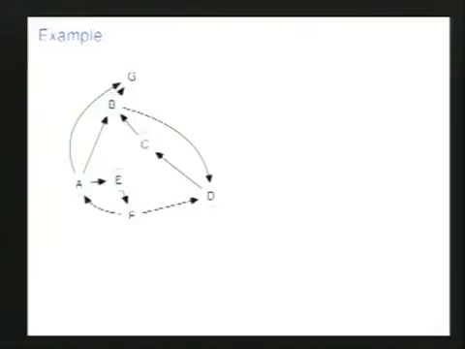Okay, so let's see our example again. Where are the strongly connected components here? Well, there they are. So G is connected only to G, right? There's no path from it to anybody and back. G is in a component by itself.